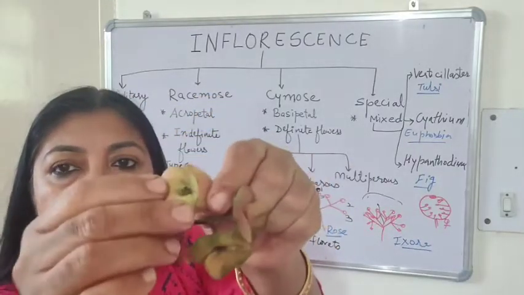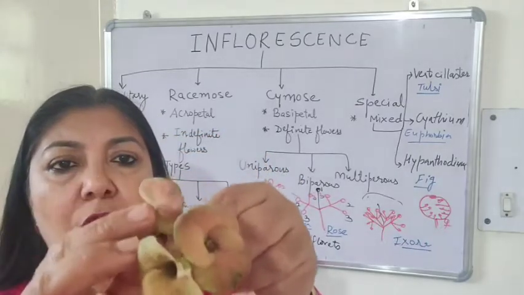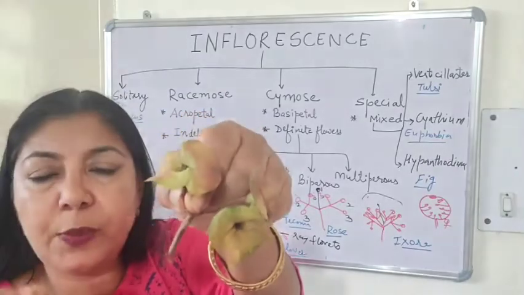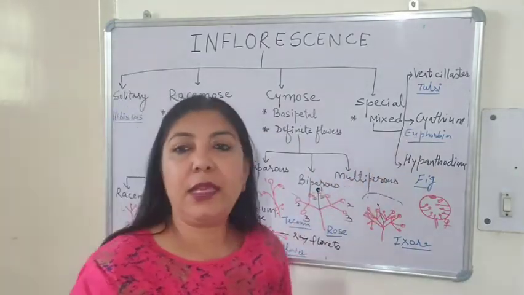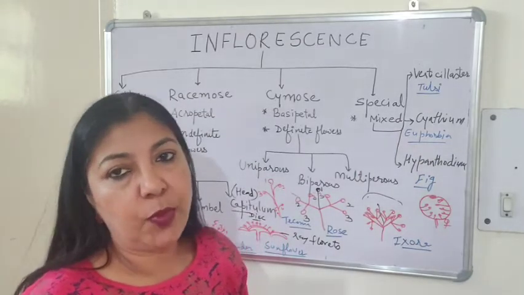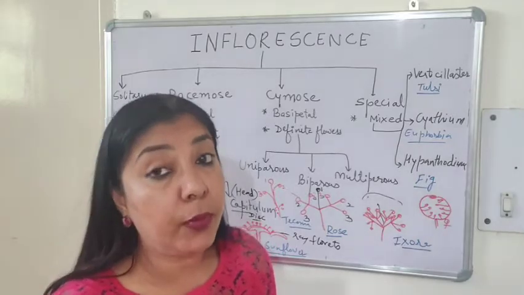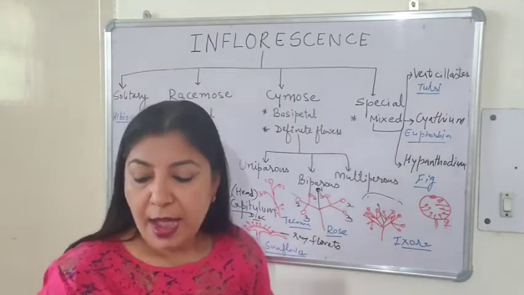In the center, there is a combination of flowers. These are the flowers, very small flowers. And this arrangement is called cyathium. Cyathium is again a special type of inflorescence which is shown by the Euphorbiaceae family. Euphorbia. Then comes the hypanthodium.